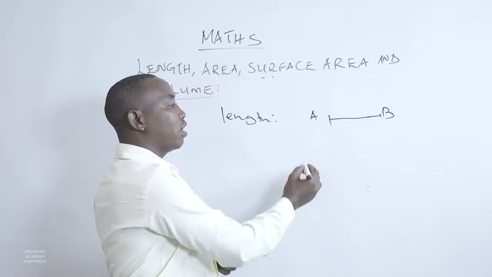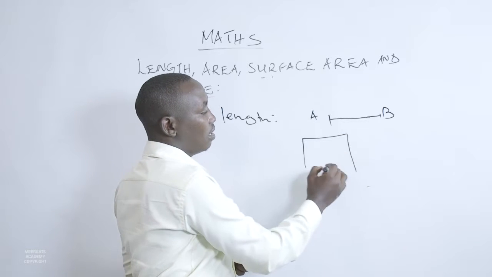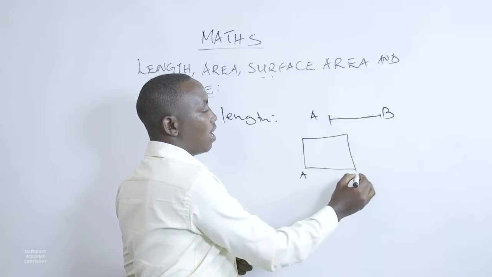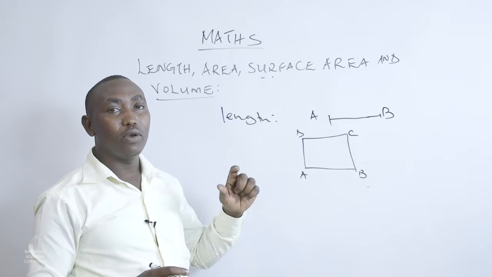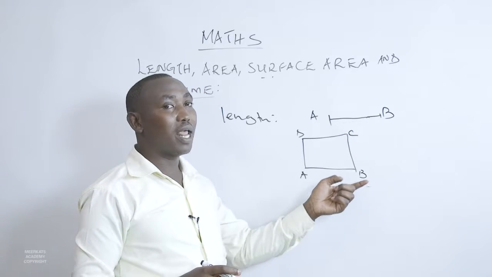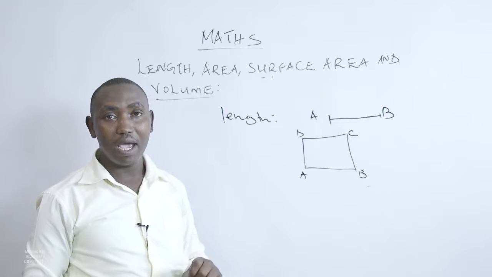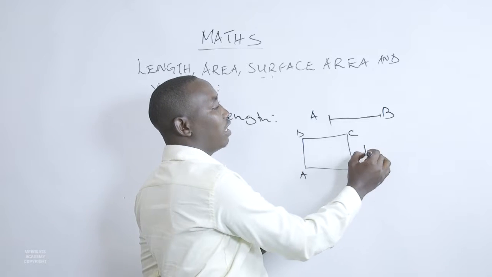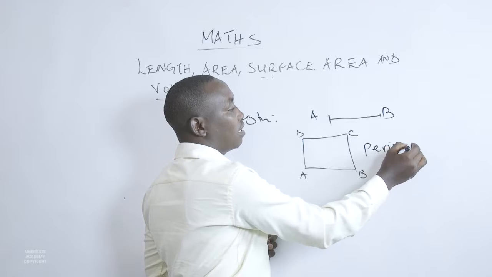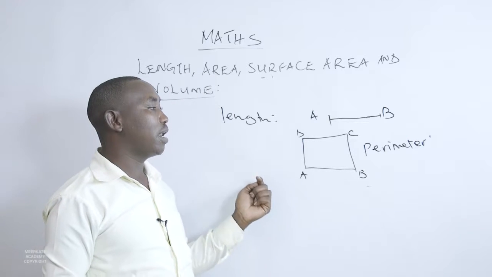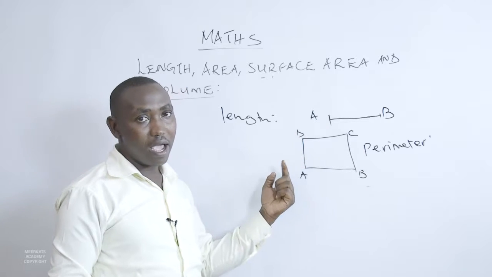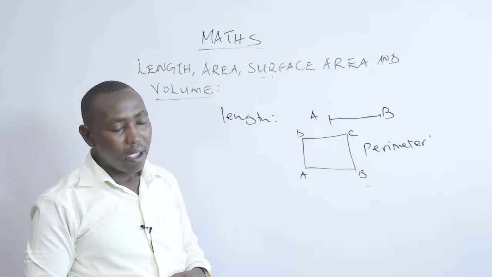And whenever we have a closed figure, let's say A, B, C, D, and you need to find the total length around this particular figure, then that will end up giving you the perimeter. And we said perimeter is the distance around a figure.